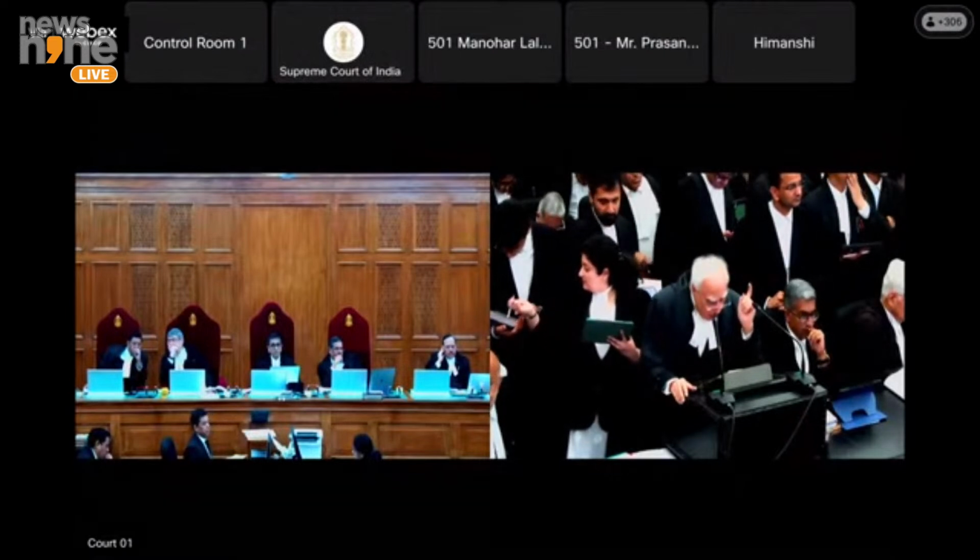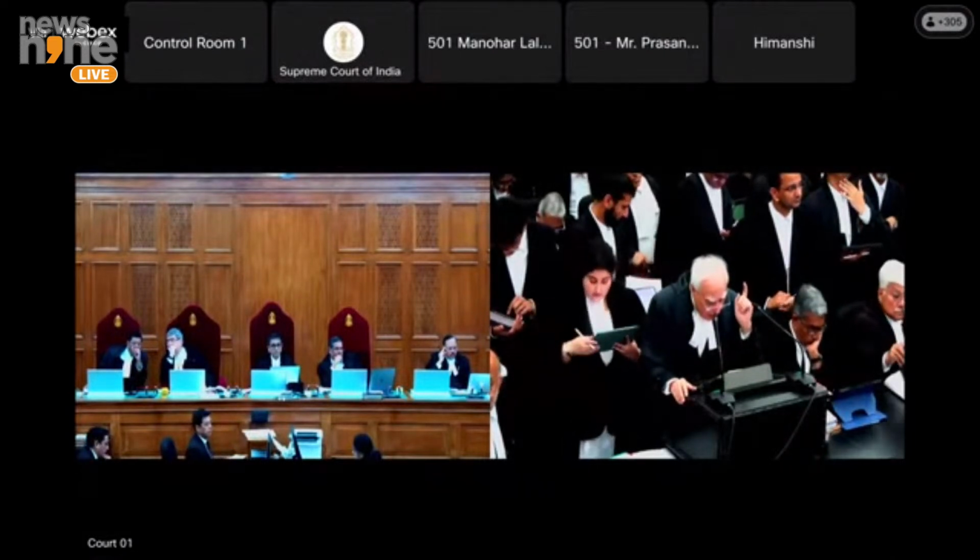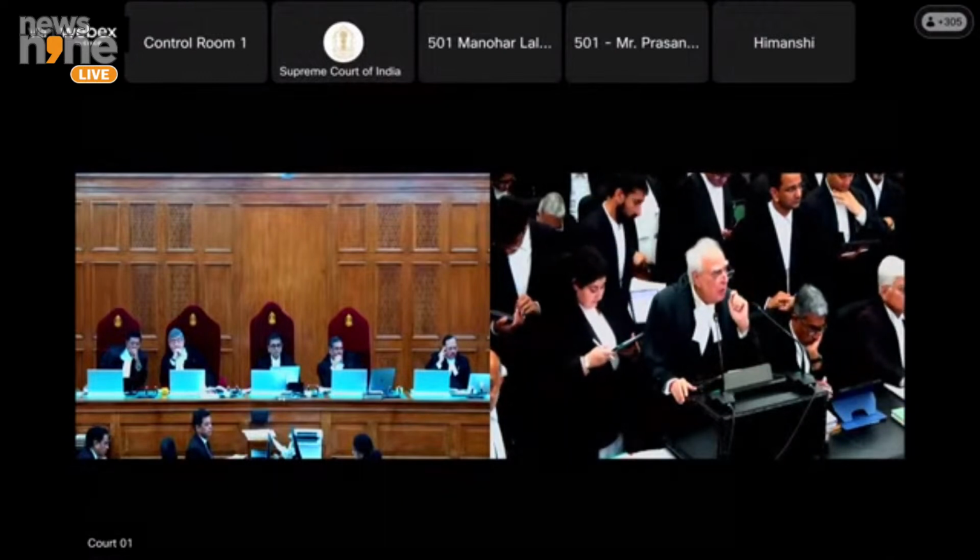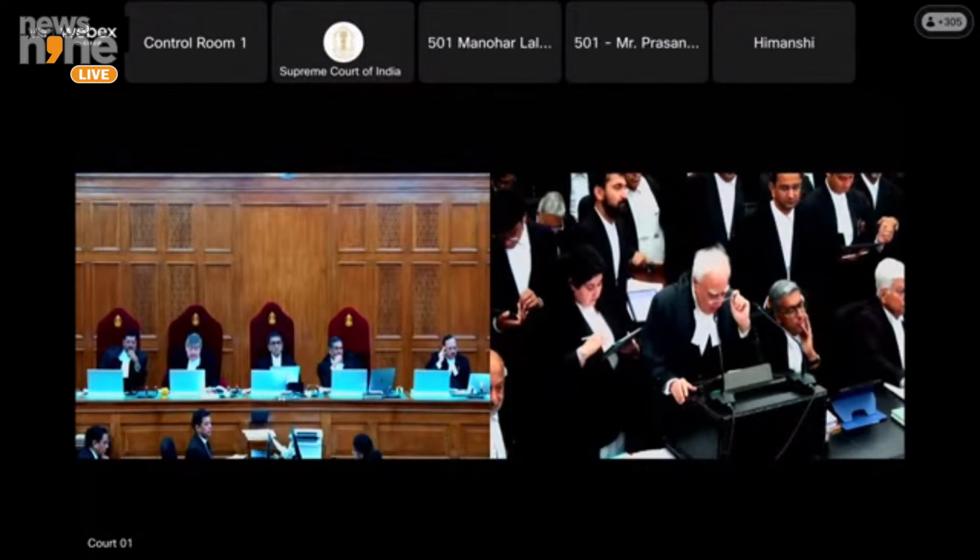Your Lordship may note that no revised instrument of accession was signed by the ruler of Jammu and Kashmir. Just note that fact for us.